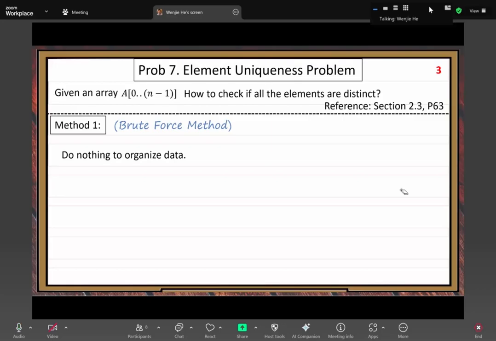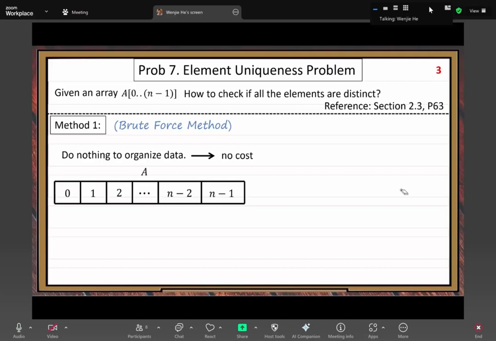Start your comparisons for checking. Compare the elements and see if you can find two of the elements share the same value. So the preparation step, there is no cost because you do not need to do anything, no cost.